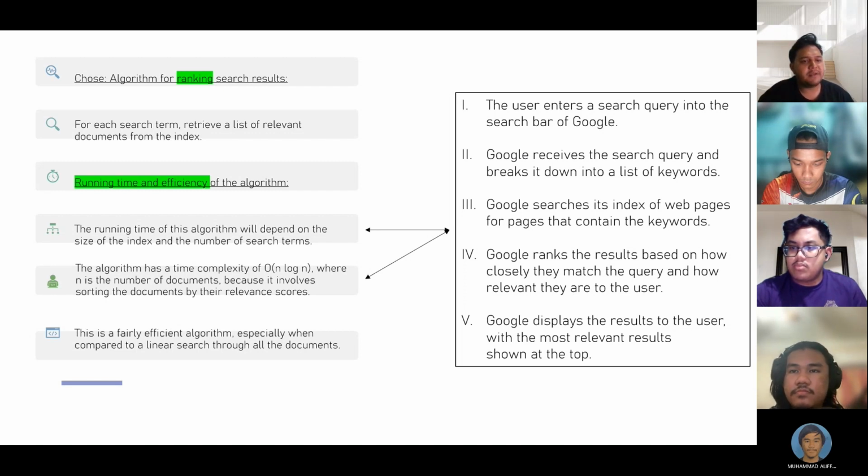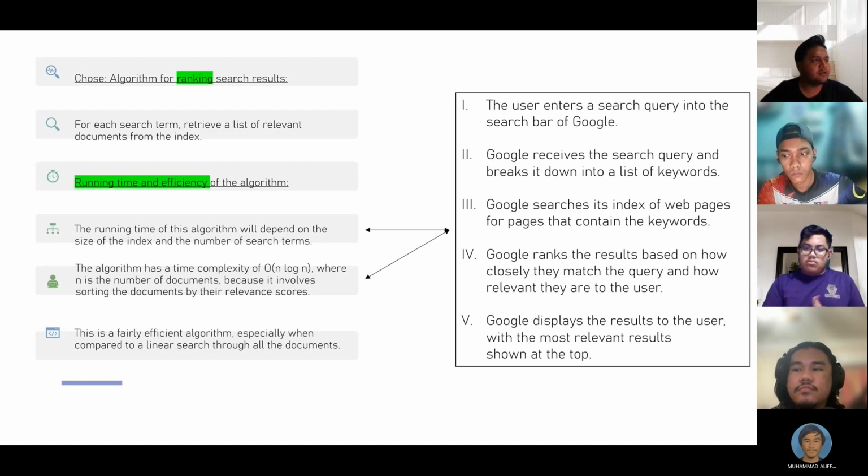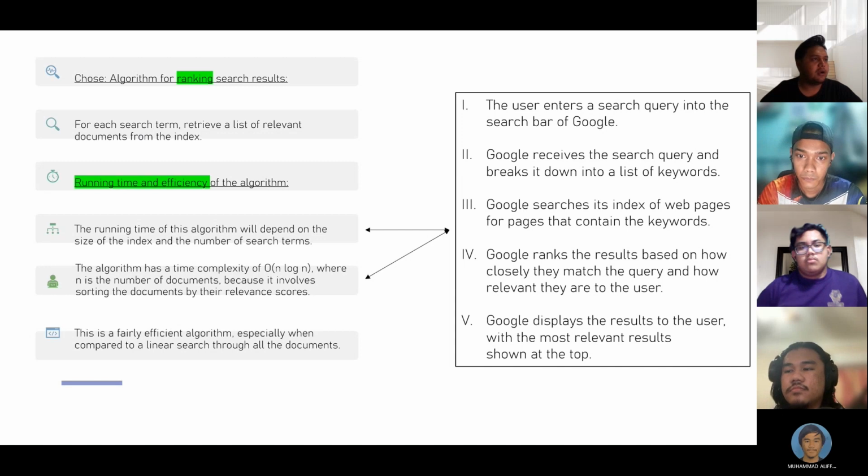Next, I will explain the step-by-step ranking factors. First, the user enters a search query into the search bar of Google. Second, Google receives the search query and breaks it down into a list of keywords.